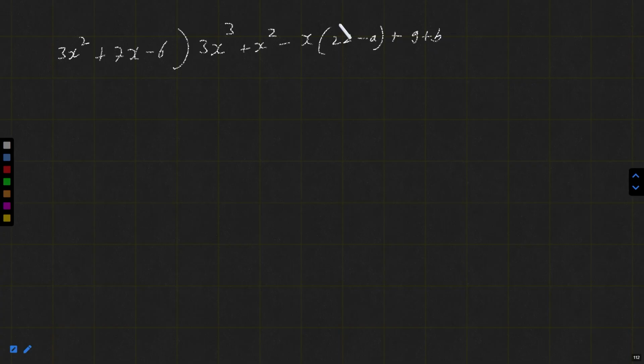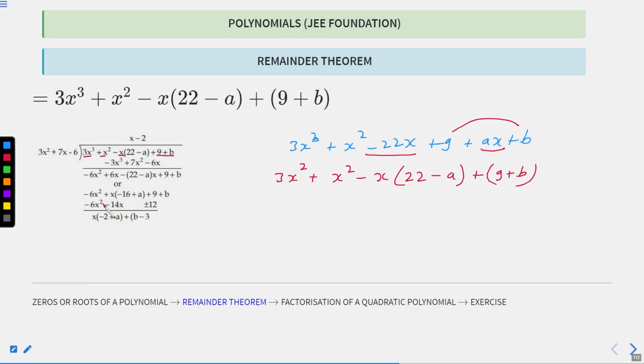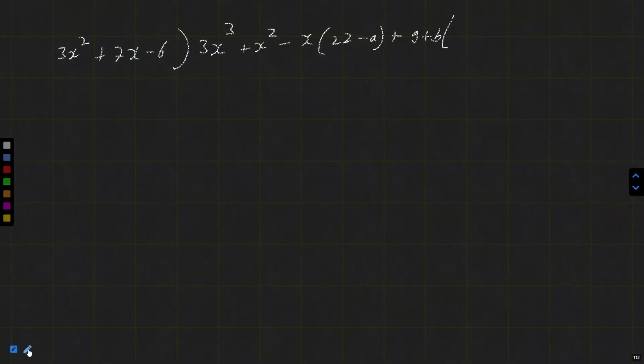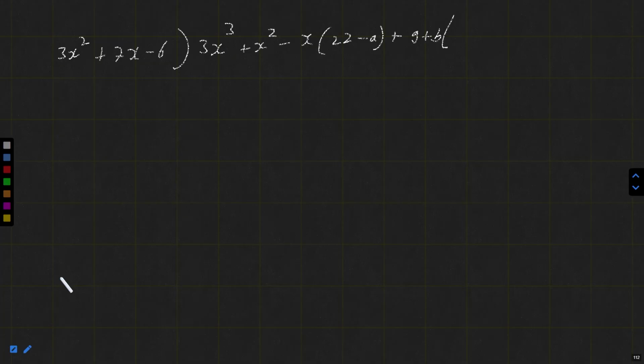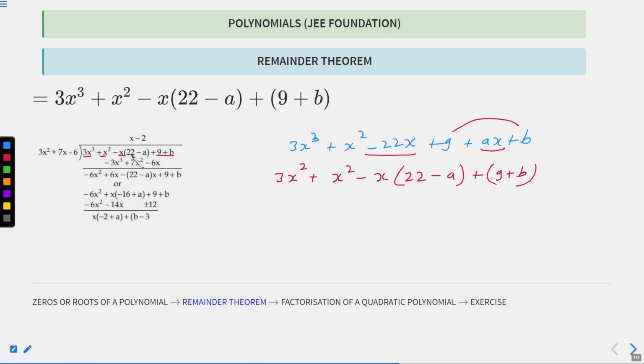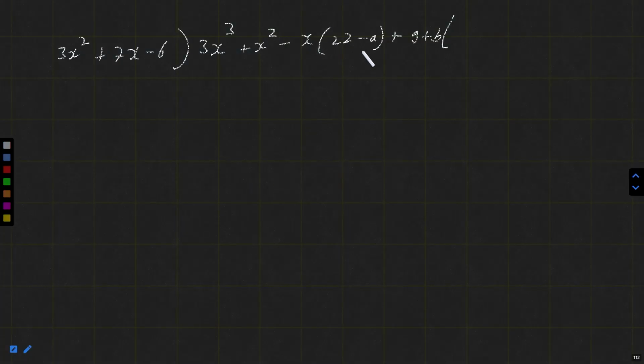I think this is written correctly. So 3x square plus 7x minus 6.